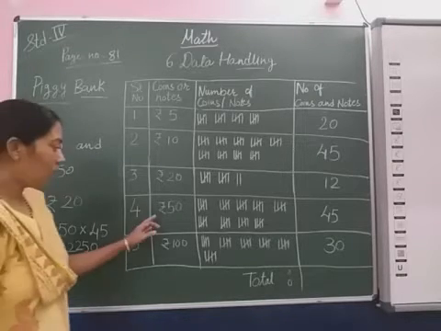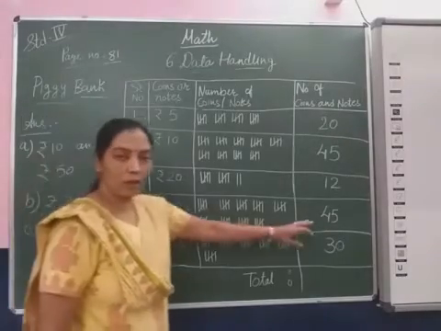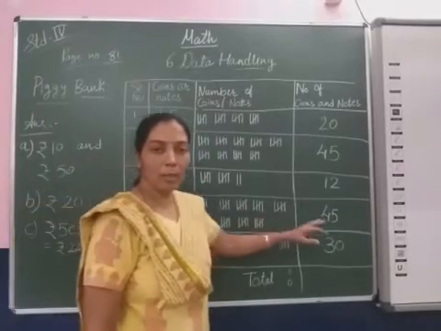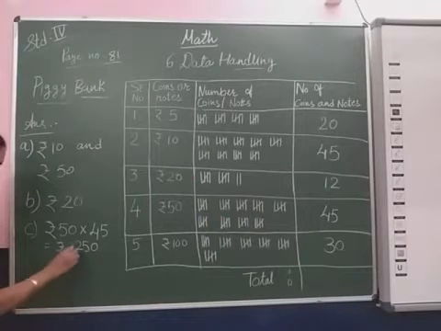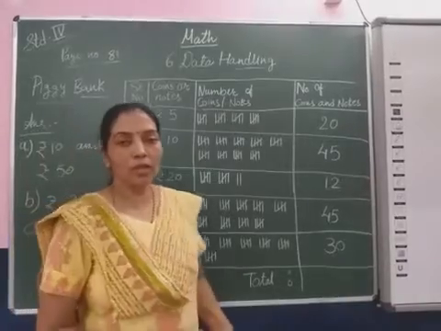So here Akhtar got rupees 50 notes, number of notes 45, and he saved the rupees 50. The actual amount is 2250. Here in your question it is asked for the actual amount.